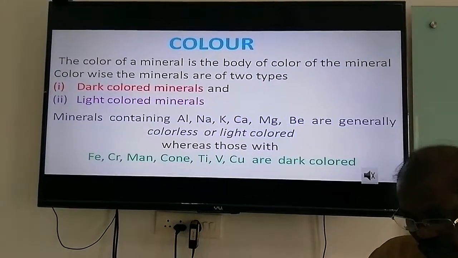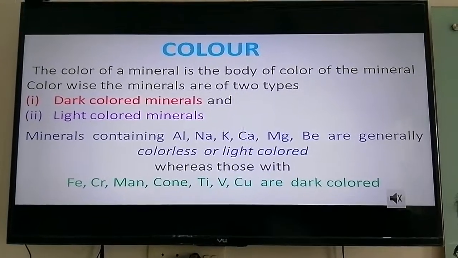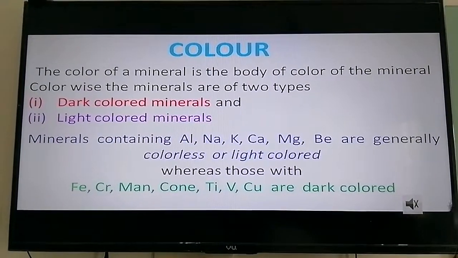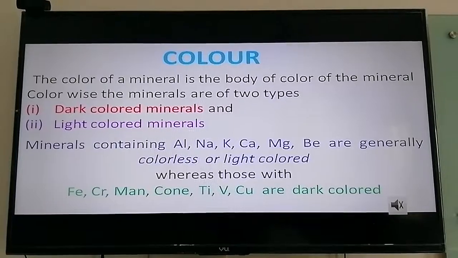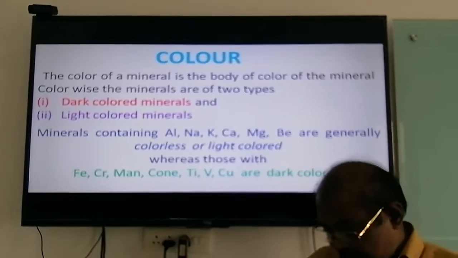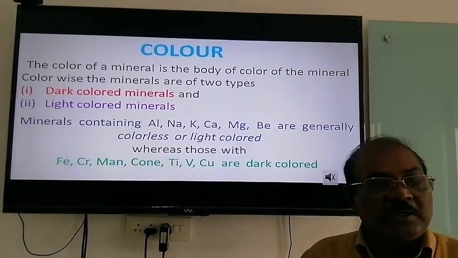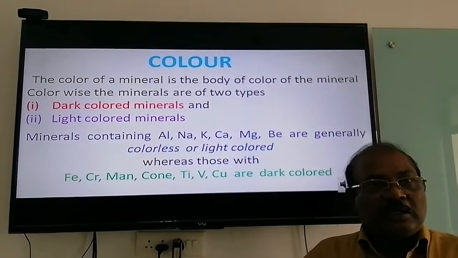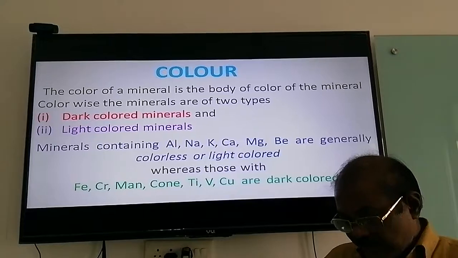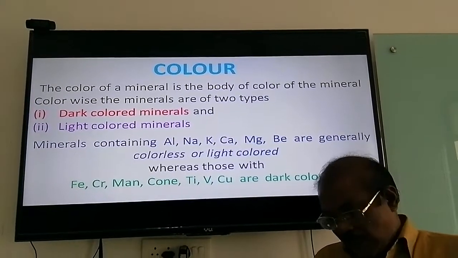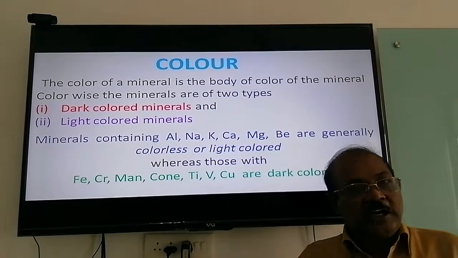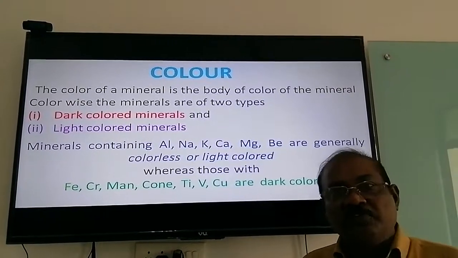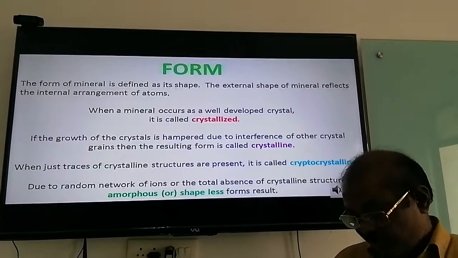In case the elements present are especially iron, copper, manganese, cobalt, titanium, vanadium, they become dark. That's why minerals are categorized into dark colored minerals and light colored minerals depending upon the presence of elements which are present.